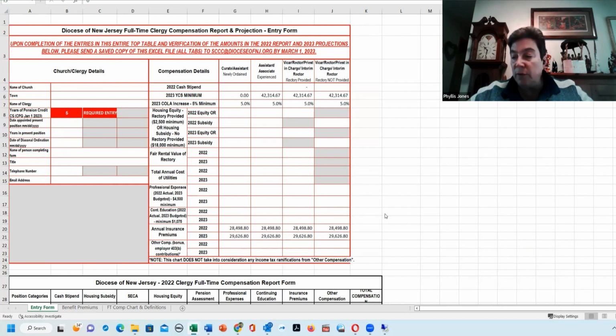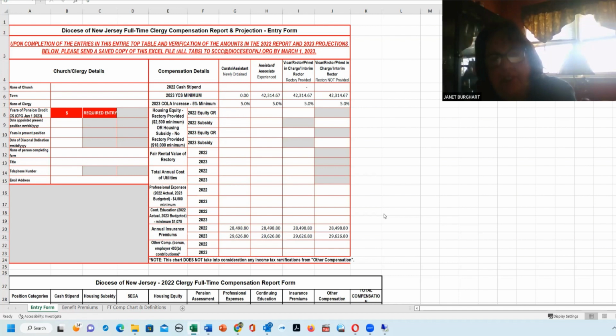If you decide to make an adjustment, if there's a difference between the cash stipend and housing allowance that you projected last year and the cash stipend and housing subsidy that you actually paid in 2022, then what we're looking for is the actual figures that you paid, but you also need to be aware of the ramifications of changing that cash stipend breakdown.